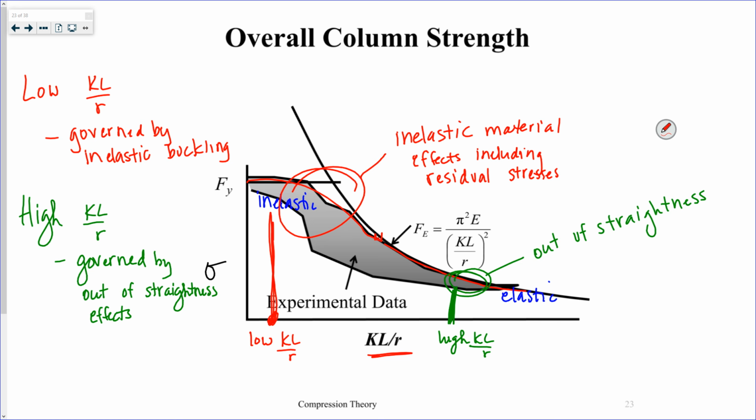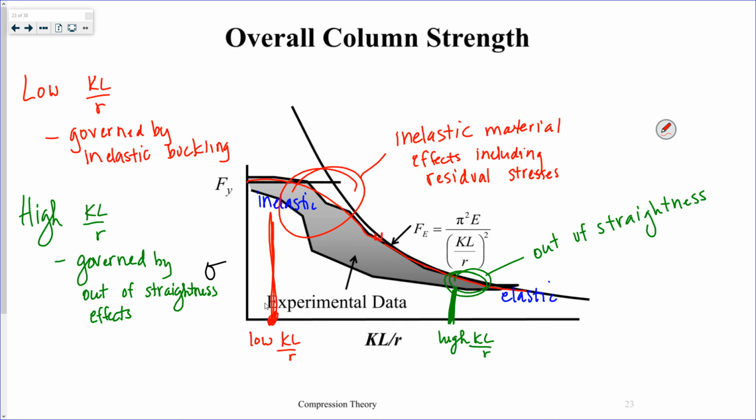Which kind of makes sense, right? The higher slenderness ratio, you're long and skinny, you're going to buckle. You're more likely to buckle before you yield. A lower slenderness ratio, you're more likely to yield the whole, or almost the whole cross section before you buckle. So you're going to be inelastic.